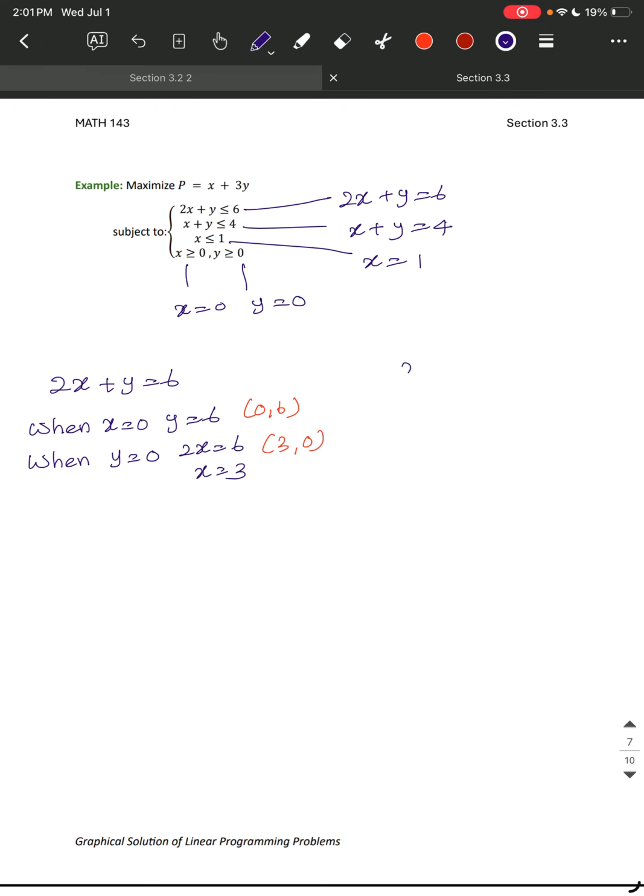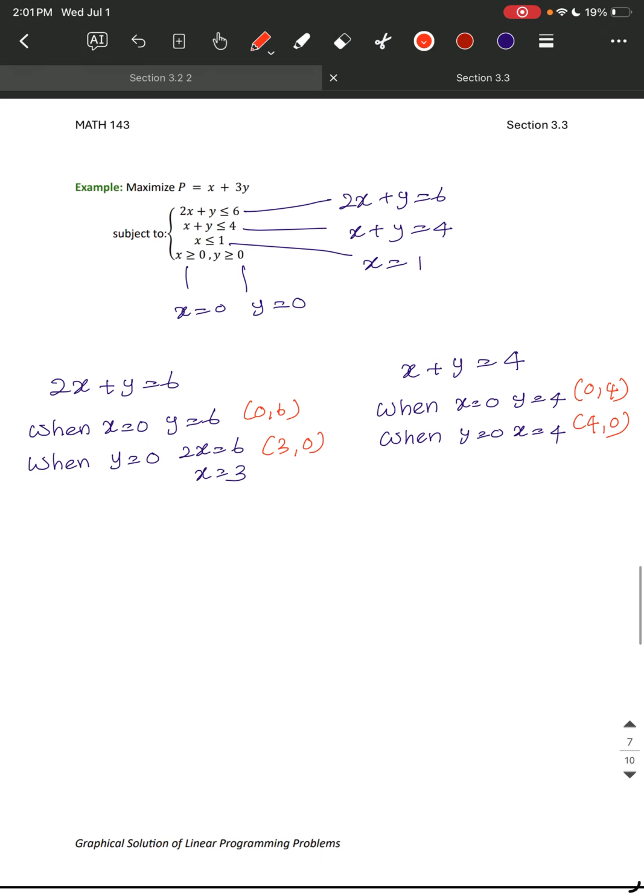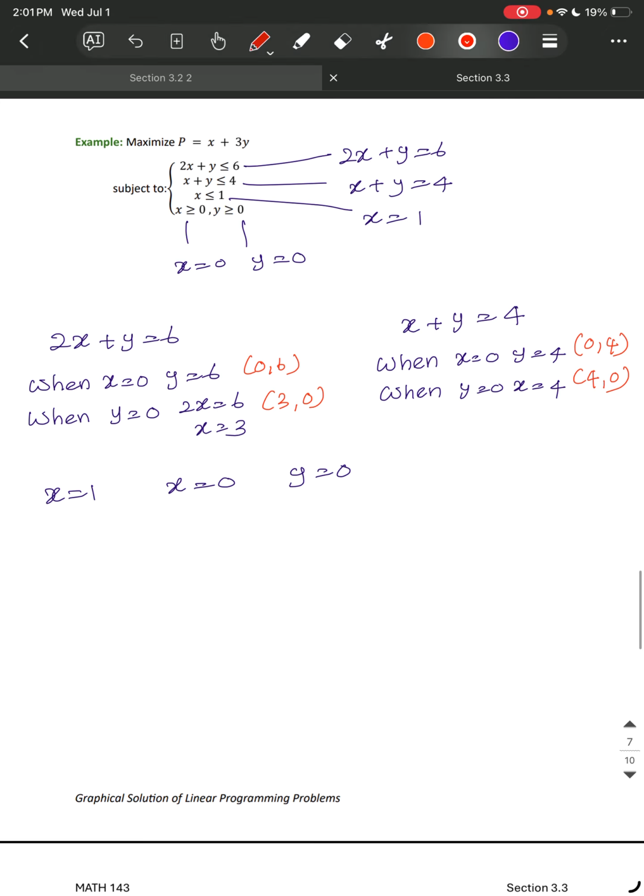The second one, x plus y equals 4. When x equals 0, y equals 4. When y equals 0, x equals 4. So the points (0, 4) and (4, 0). And the third one, we have x equals 1, x equals 0, y equals 0. Let's draw all the constraints.